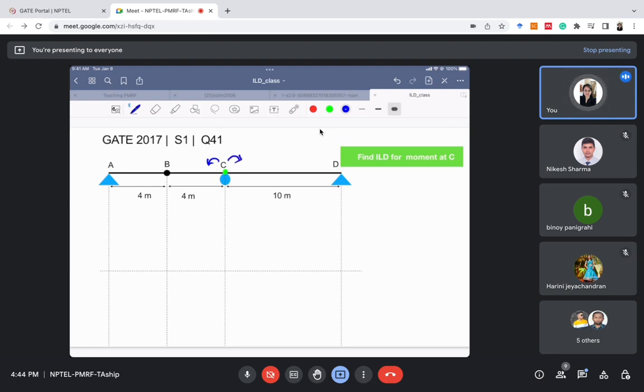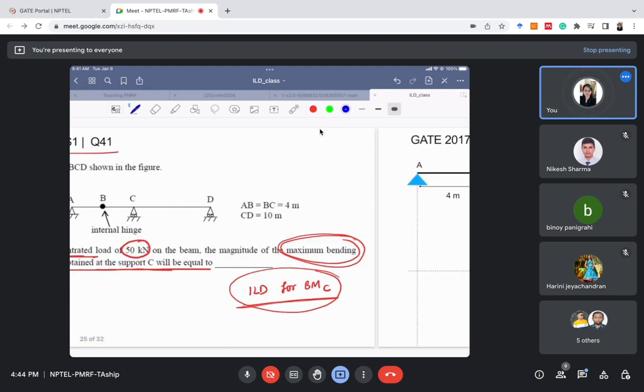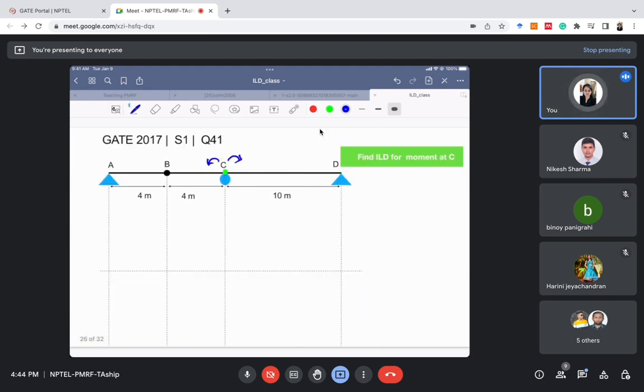Now, I have asked you whether this beam is statically indeterminate or determinate. Now you'll see how it matters here. We know that this beam is statically determinate, so any part cannot be curved here. If any part of a determinate beam is curved, it means that ILD does not exist for that point.